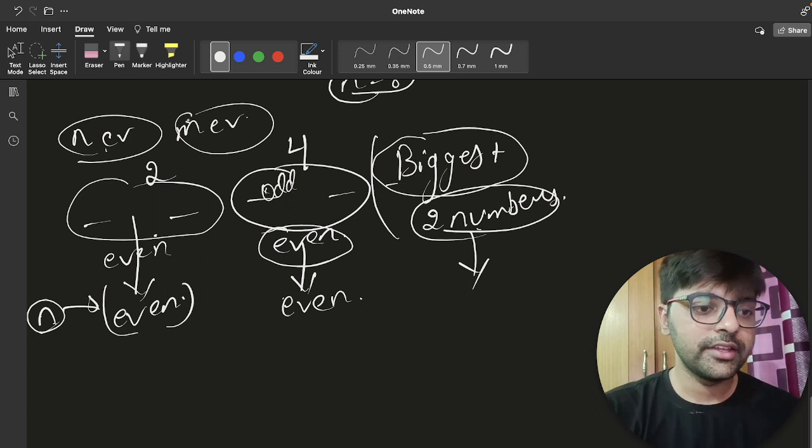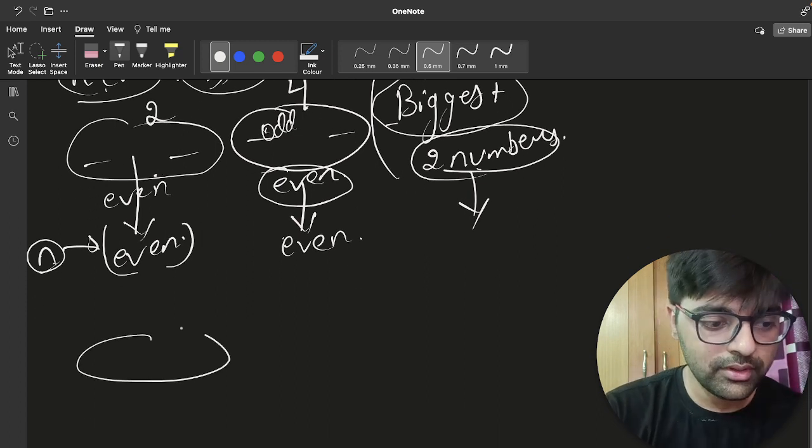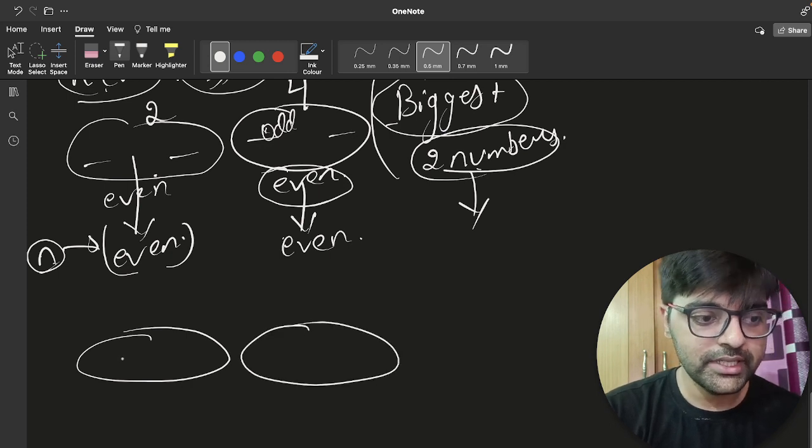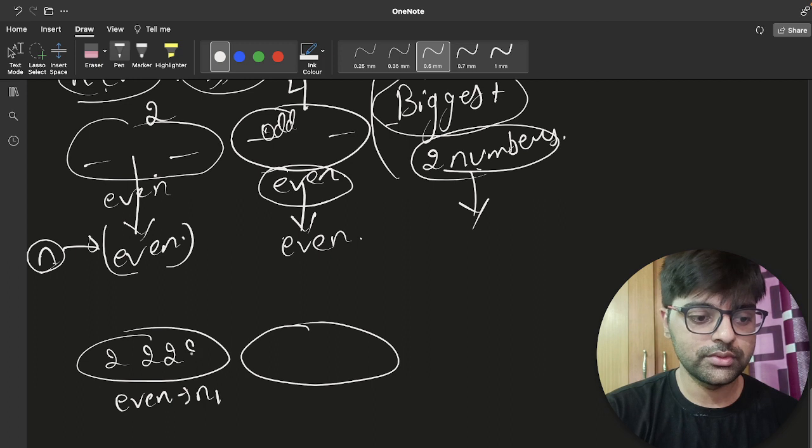So let's consider, if we don't know m is even or odd, right? Let's consider this. So these are some of the numbers present, so these are even, let's say an even number of times. Let's say I am representing n1, let's say these are 2 2 2 2, so n1 equals 4.